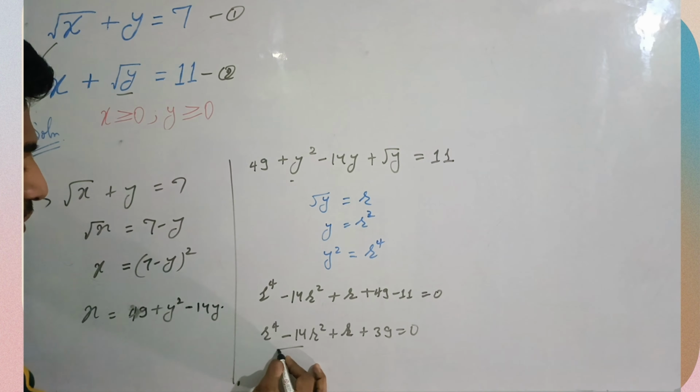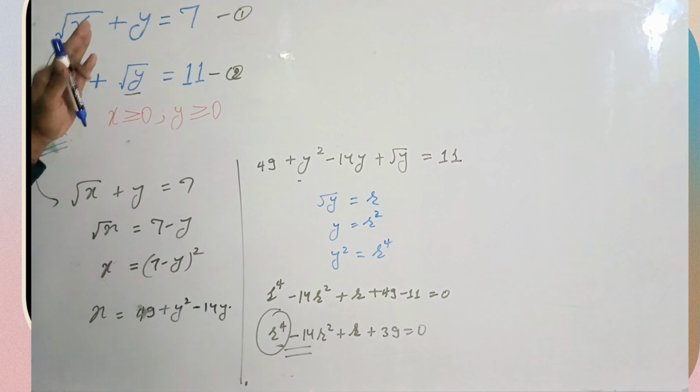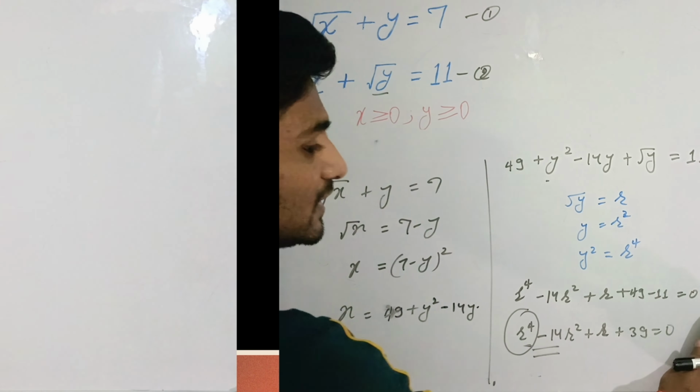So this is the worst nightmare. We even fear to solve a cubic expression, but here we are getting a quartic equation. So now let's go through the method that can make the simplification of this question easier.